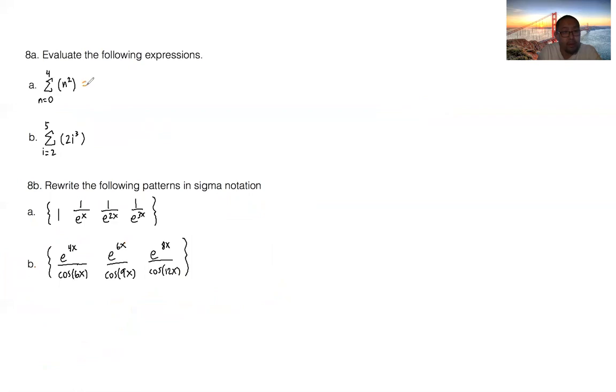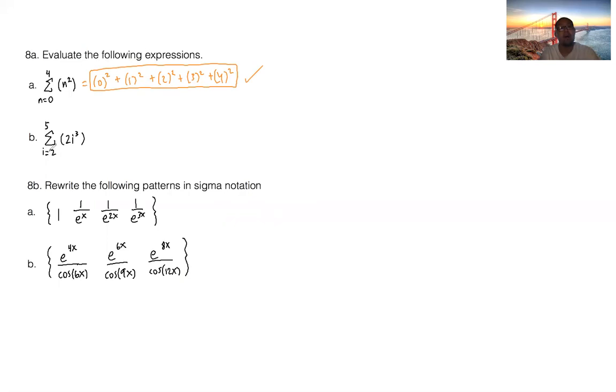So in this case, this is just equal to wherever you see an n, plug in a 0, 0 squared, plus wherever you see an n, put in a 1, 1 squared, plus 2 squared, plus 3 squared, plus 4 squared. From 0 to 4, 0, 1, 2, 3, 4. Add this up, and this is going to give you the final number answer that you're looking for.